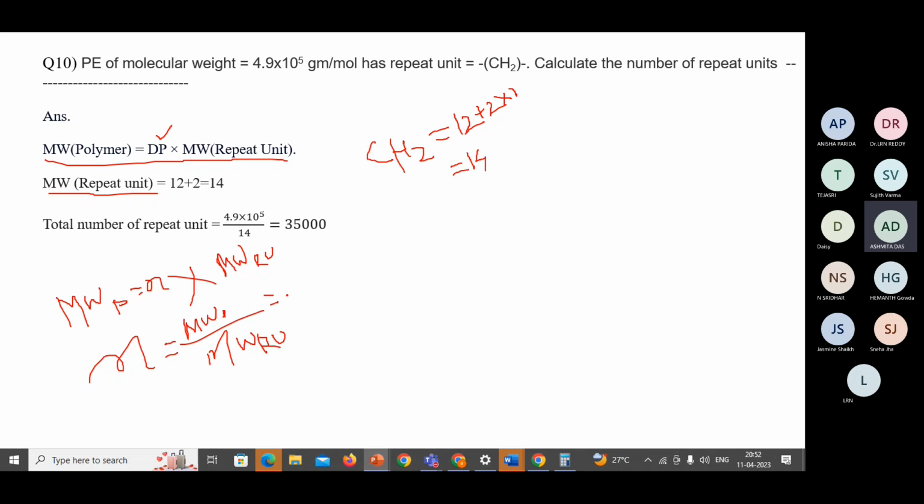So it comes as 4.9 into 10 to the power 5 divided by 14. So the value comes as 35,000.